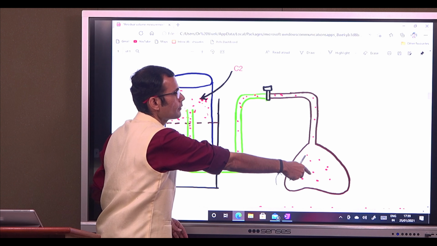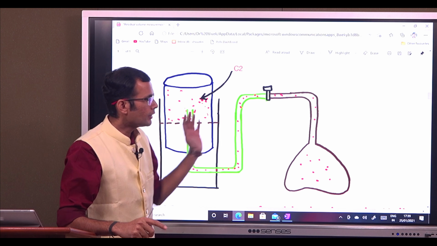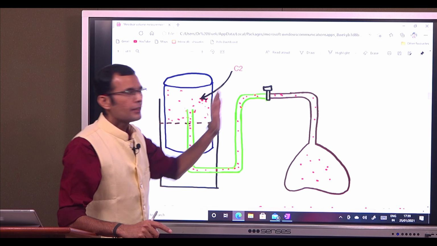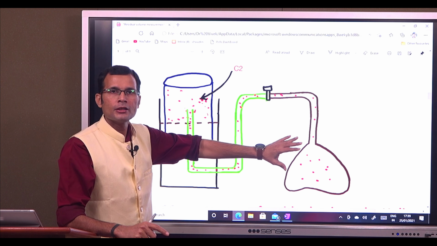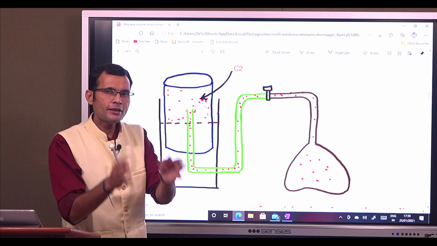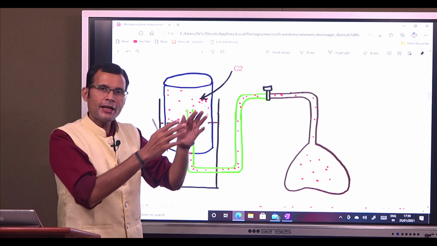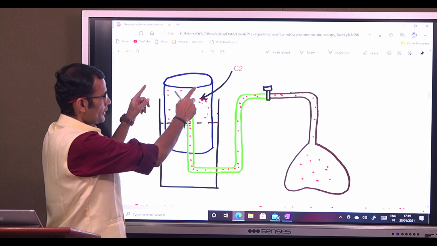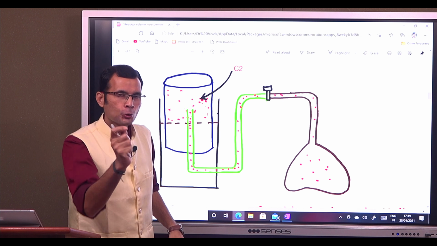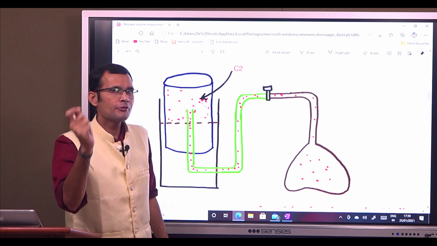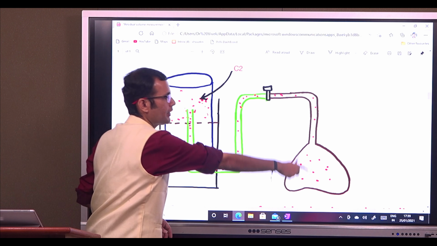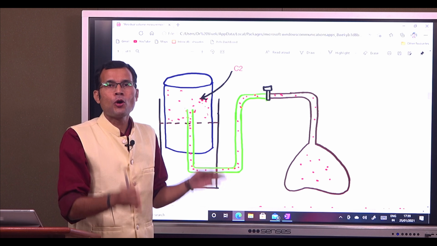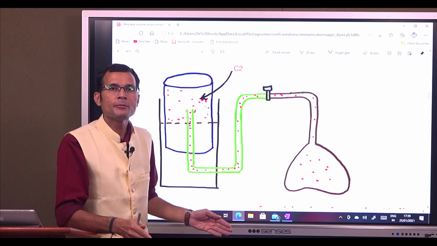The patient is breathing, helium goes into the lungs with inspiration, and when the patient exhales, the air goes back into the spirometer. So please understand that right from the start till the end of this procedure, V2 will remain constant. What is V2? Volume of the spirometer plus volume of the lung. That will remain constant because it's a closed system.